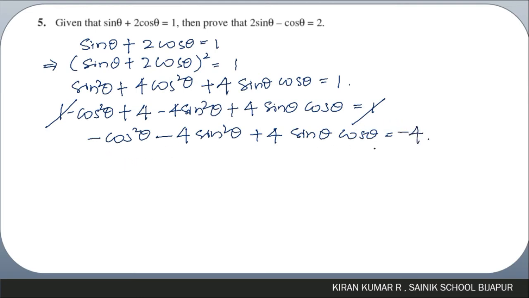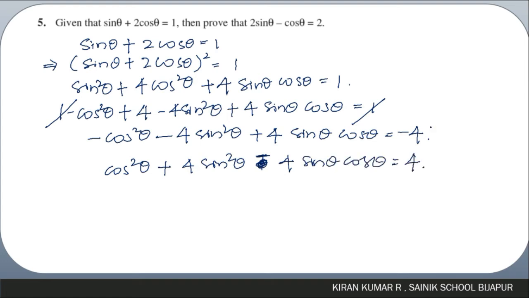Now I can completely multiply with minus 1 so that it becomes cos square theta plus 4 times sin square theta minus 4 sin theta cos theta equal to positive 4. Why did I do like that? Here we have 2 sin theta minus cos theta.